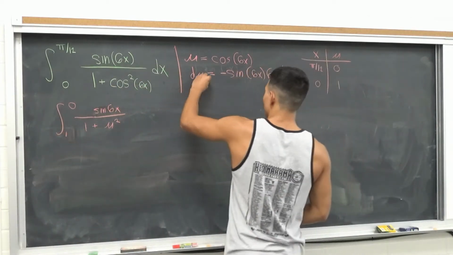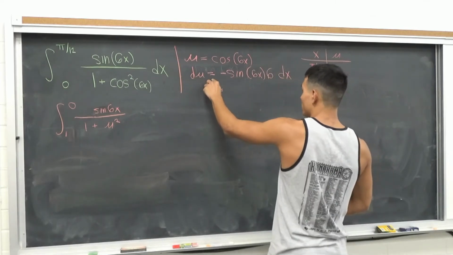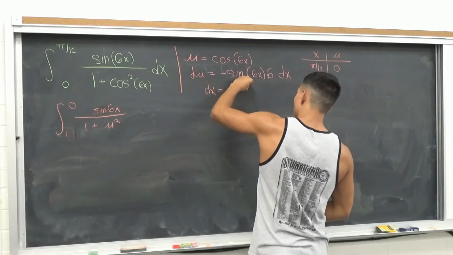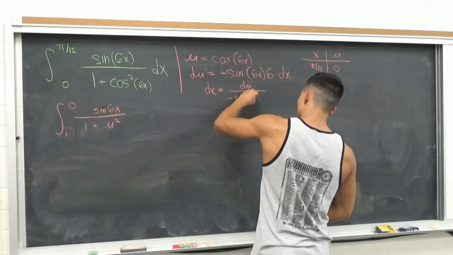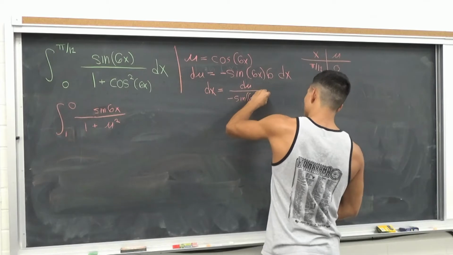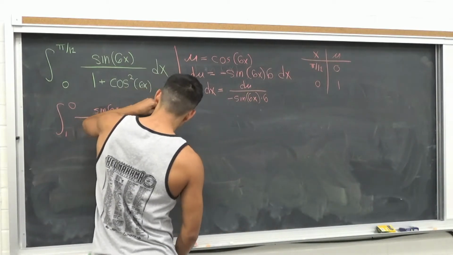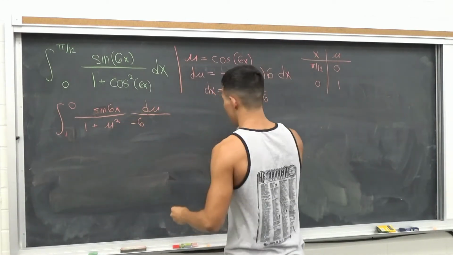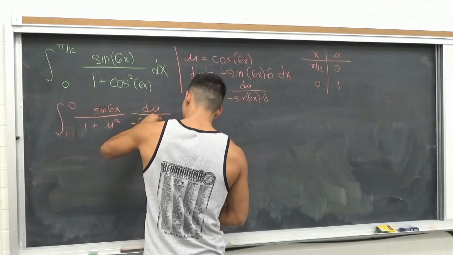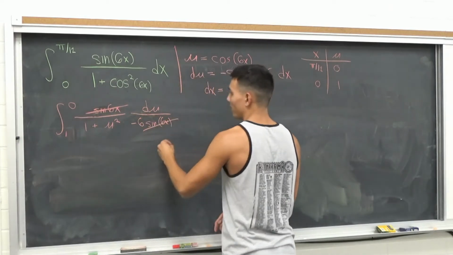If we solve for dx, dx would be the same thing as d mu divided by negative sine 6x times 6. So if I put that here, I'd see negative 6 sine 6x, and these sines can go away.